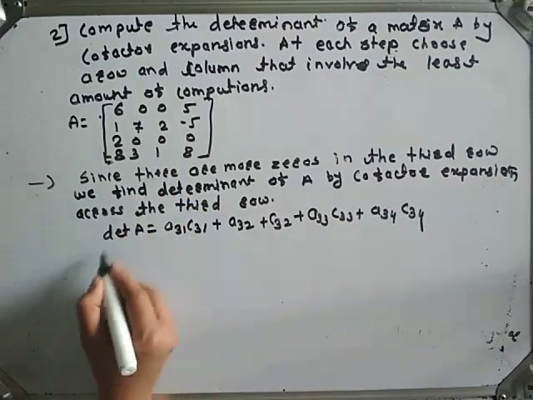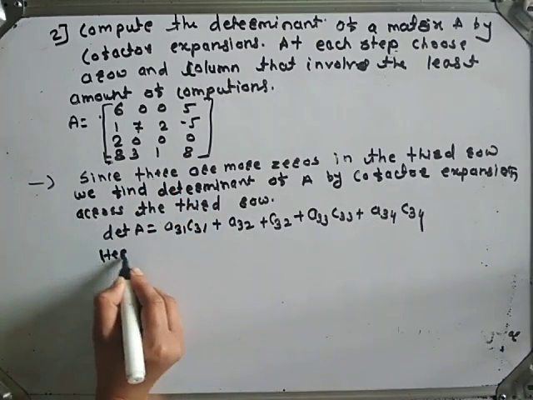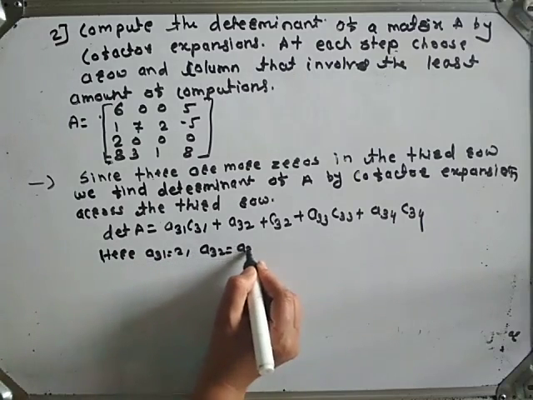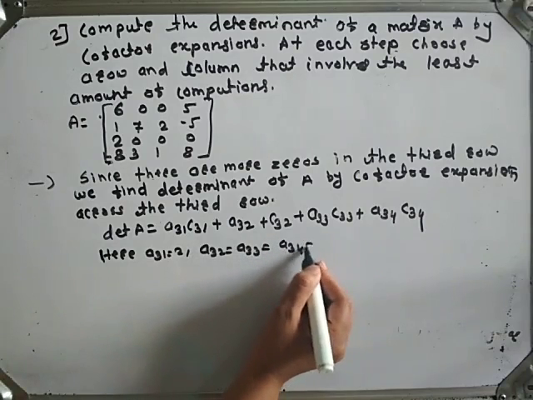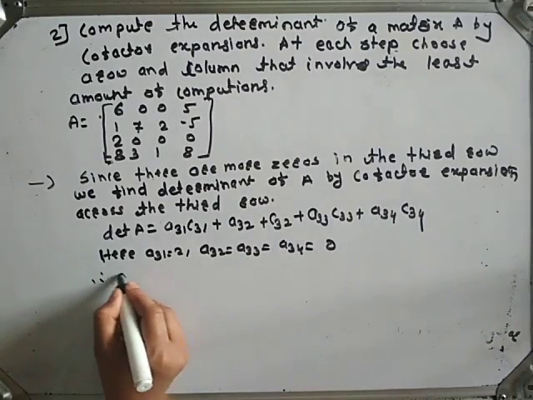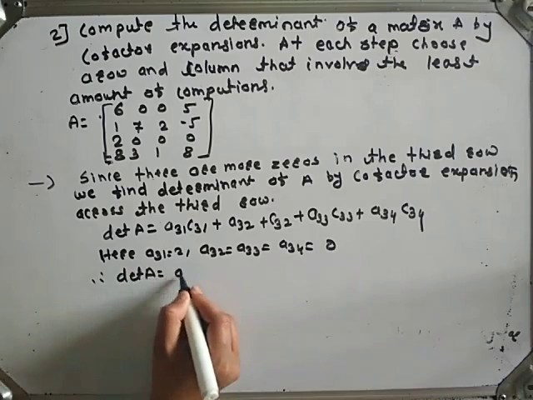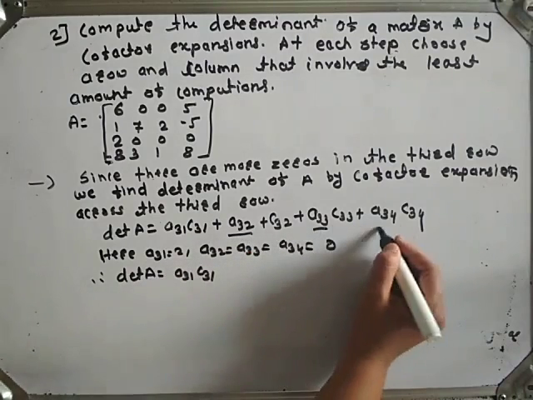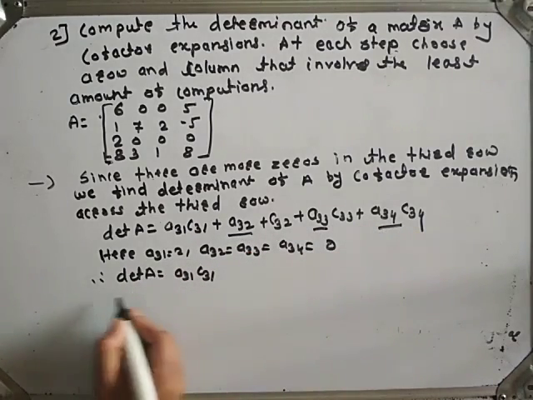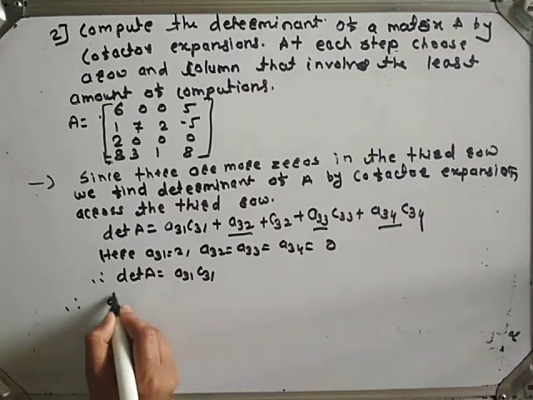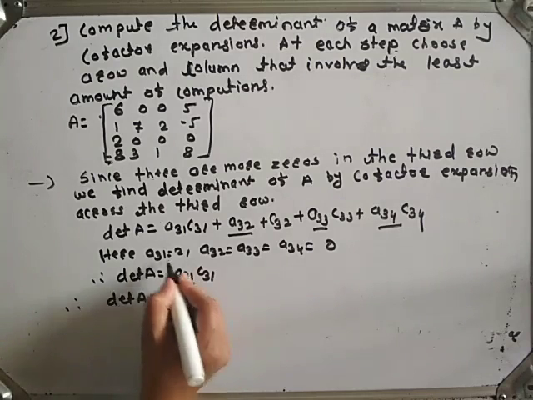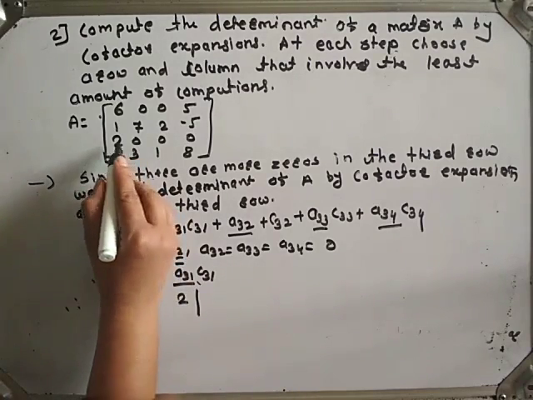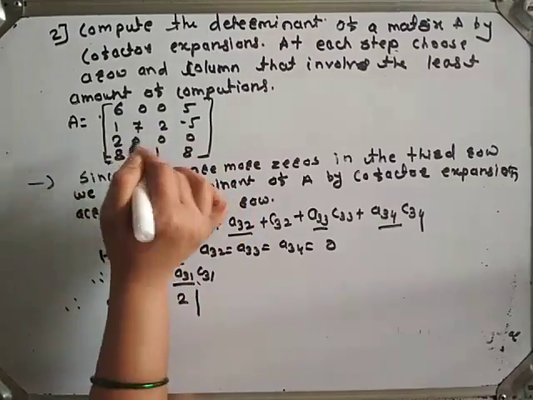Here observe that A31 is equal to 2, A32 is equal to A33 is equal to A34 is equal to 0. Therefore, determinant of A is equal to A31 into C31, because A32, A33 and A34 are 0. Here A31 is 2 into C31, meaning delete the third row and first column.